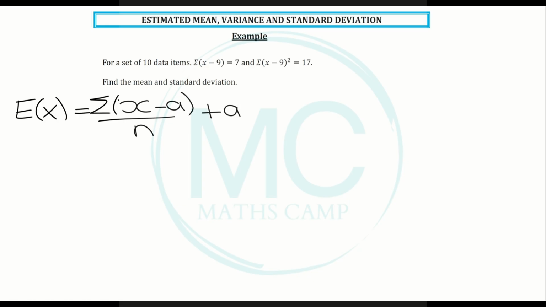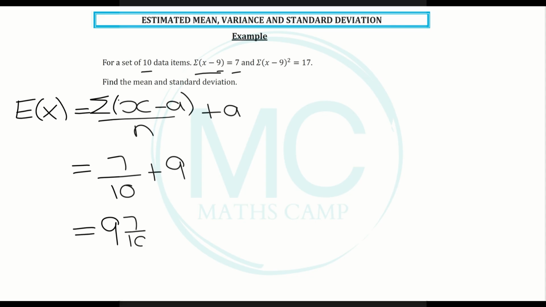In this case, our a value is 9. So I can say sigma x minus 9. The question tells me that that is 7. So 7 over the total values in the set, 10. 7 over 10 plus my a value, which is 9. Add these together and I get 9 and 7 over 10.